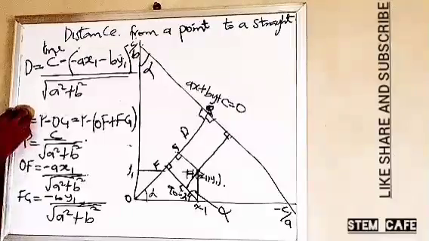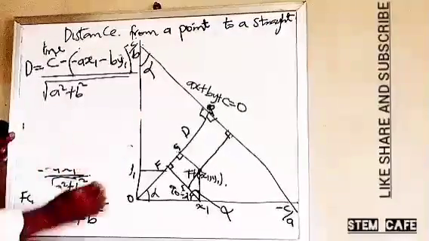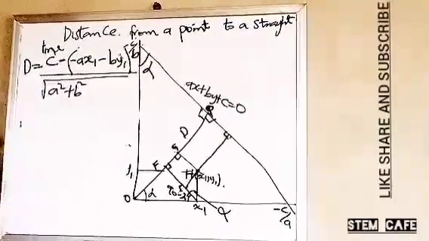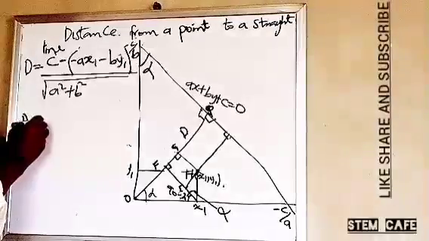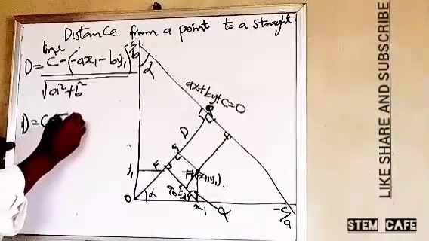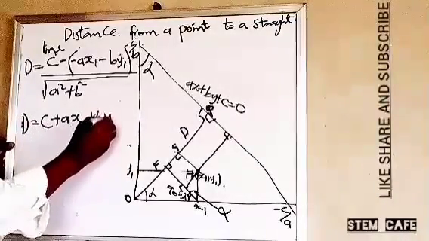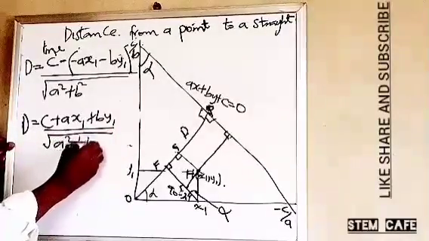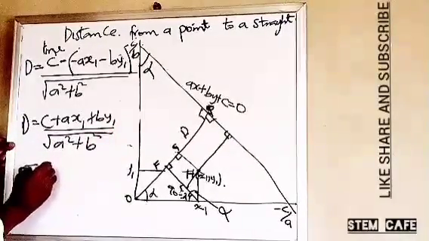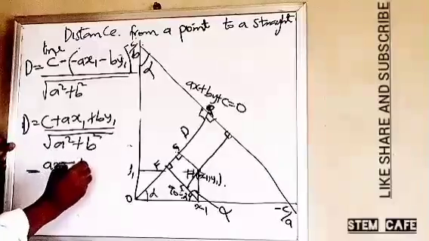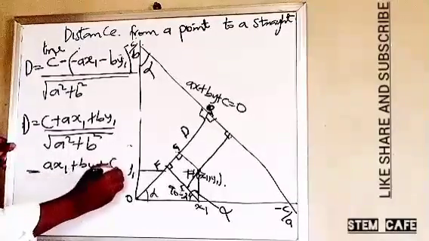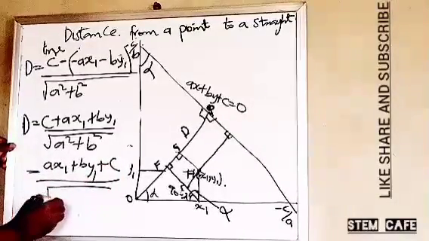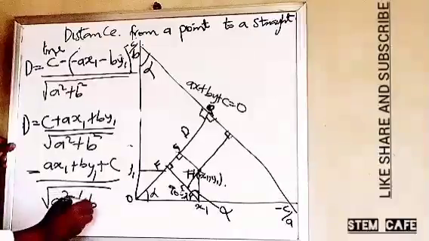So d, the distance, is now going to be c plus ax1 plus by1 over square root of a squared plus b squared, which is equal to ax1 plus by1 plus c over square root of a squared plus b squared.